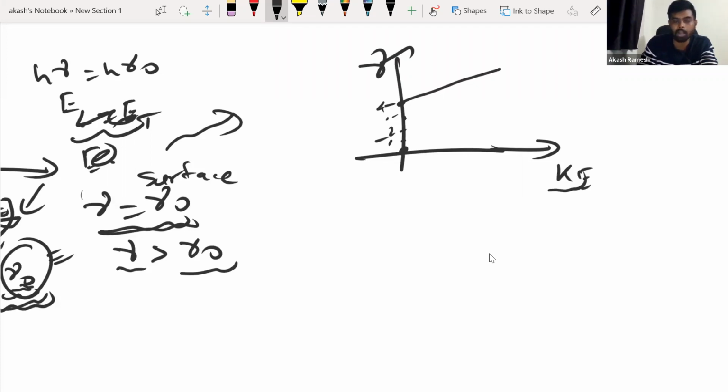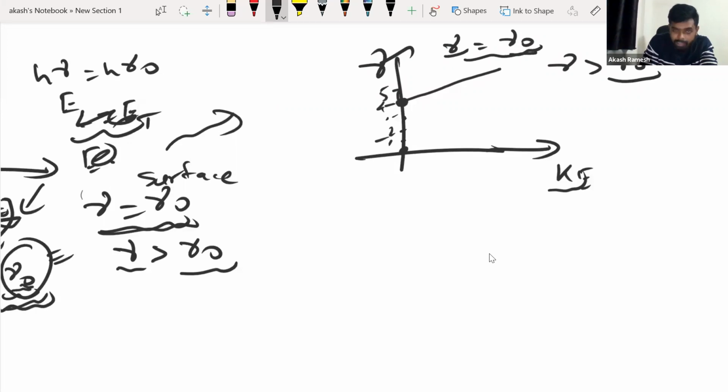Till 4, exactly at this point, the incoming frequency of the light is exactly equal to the threshold frequency. Once you make the frequency go a little higher, say you go to 5, then you see that the kinetic energy is happening. Why? Because for the electron to move, nu should be greater than nu naught. Till this point they were equal.